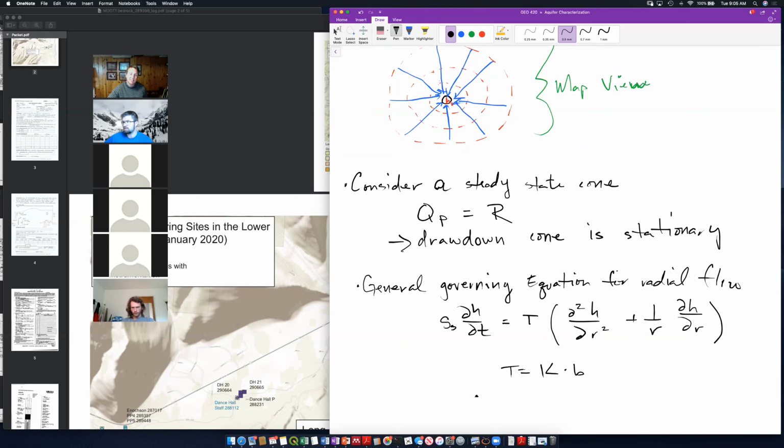If my T's inside the spatial derivative, it means that my transmissivity changes with location. So if I bring it out, I'm saying it's constant with respect to space. So what does that mean? Isotropic? Close, but no cigar. Homogeneous. Yeah, homogeneous.